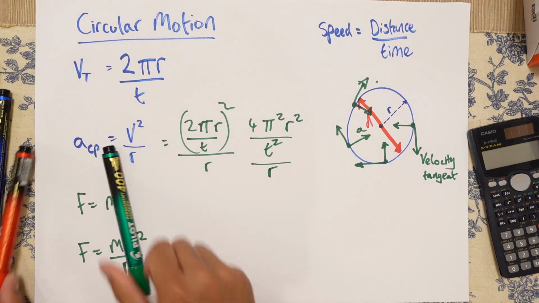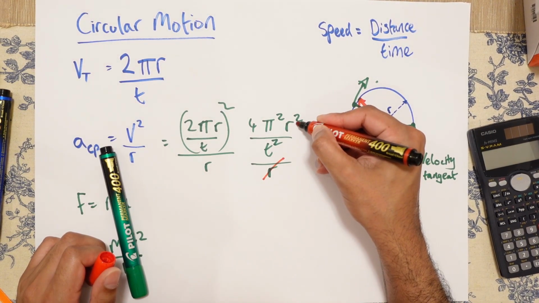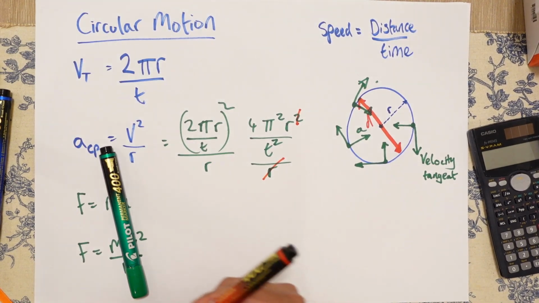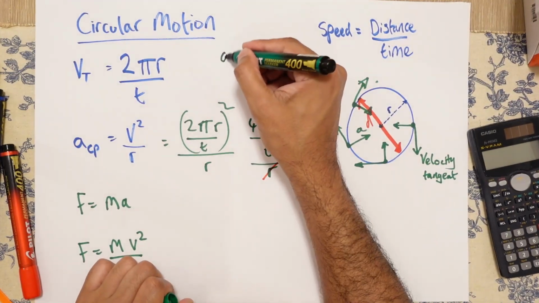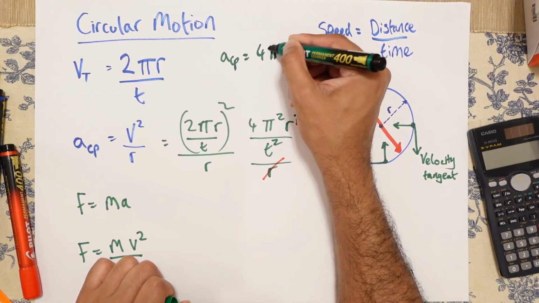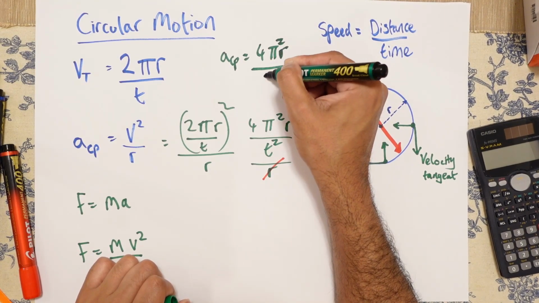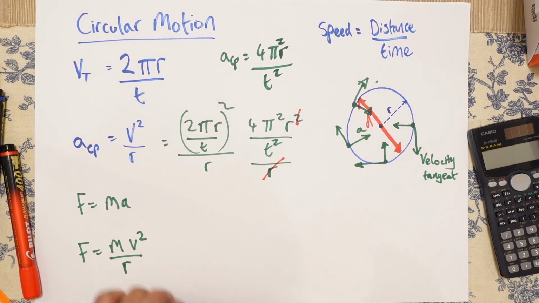Now, this divided by r and this kind of cancels itself out. So you end up with acceleration, centripetal acceleration. It's 4 pi squared r divided by t squared. Okay, so we've got that many equations.